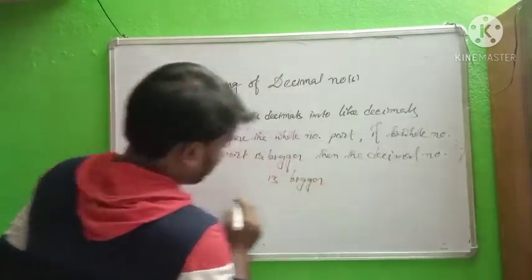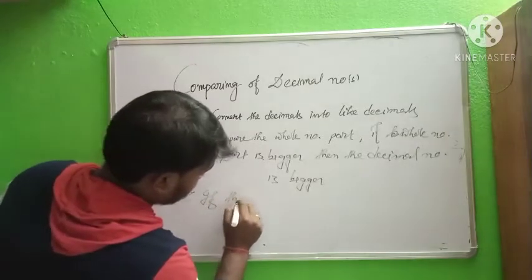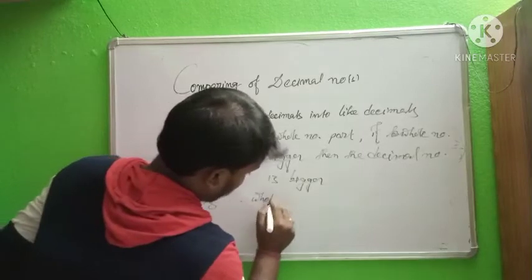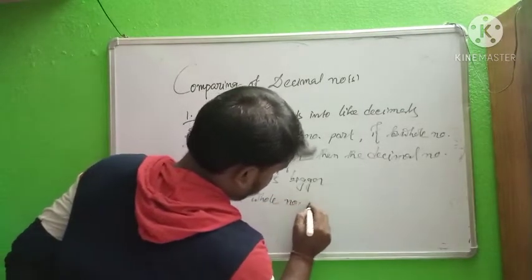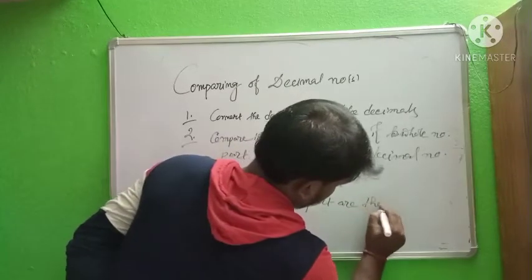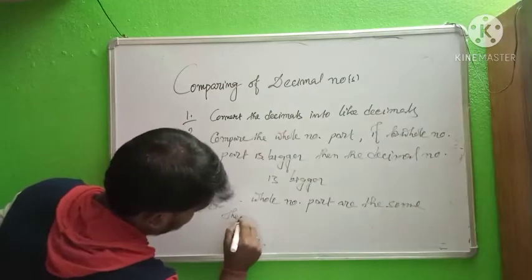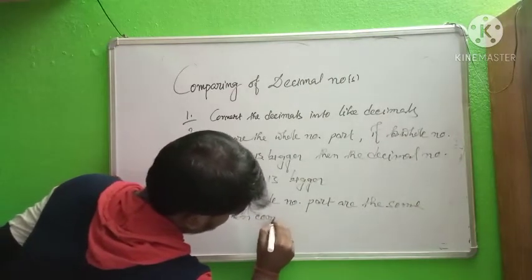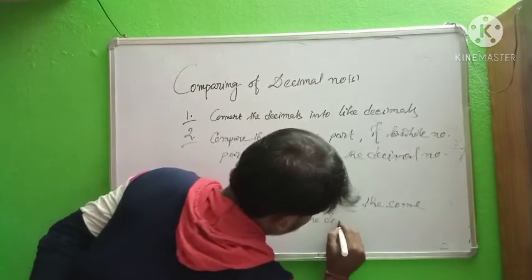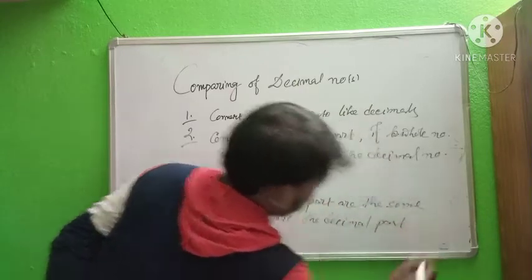If the whole number parts are the same, then compare the decimal part. Okay, I take an example.